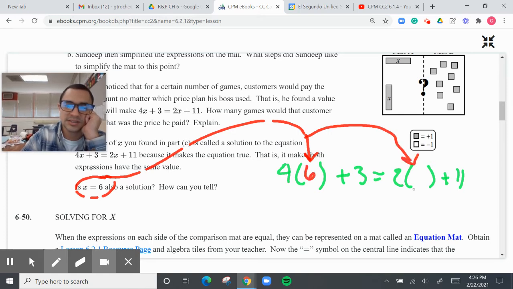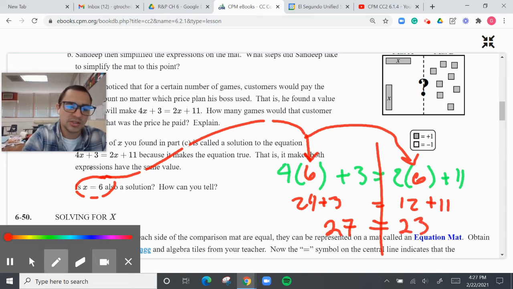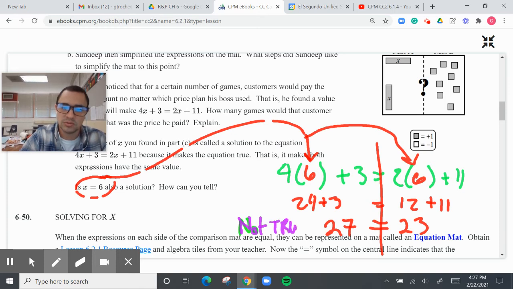And so this is going to equal 24 plus 3 equals, and on the other side, 12 plus 11. So this is going to be 27 equals 23. So this right here, I'm going to use blue here, or this pinkish purple. Not true.